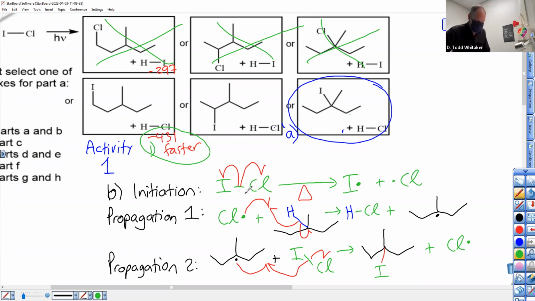You've reacted none. So the 1 chlorine radical makes 1 HCl, which is one of your products, and this carbon radical. What's the carbon radical going to do? It's going to react with a non-radical, ICl. And it makes 1 molecule of your product.